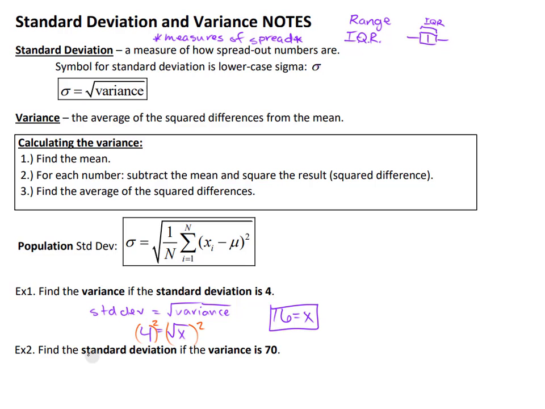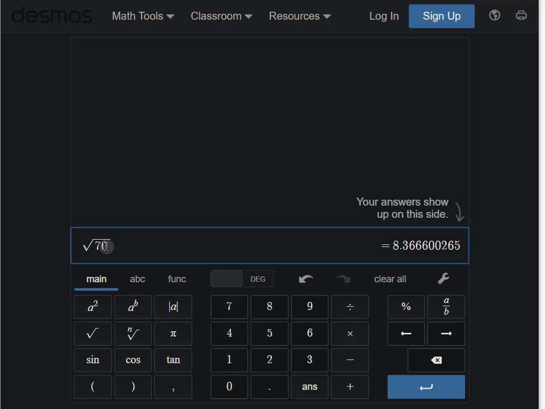Pretty similar. We're going to use the same equation, that standard deviation is equal to the square root of the variance. And this time, find the standard deviation. So let's call this side x if the variance is 70. All we're going to do is take the square root of 70. Using some Desmos here, the square root of 70 is about 8.3666.